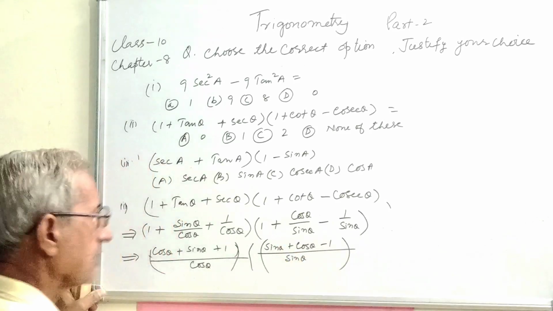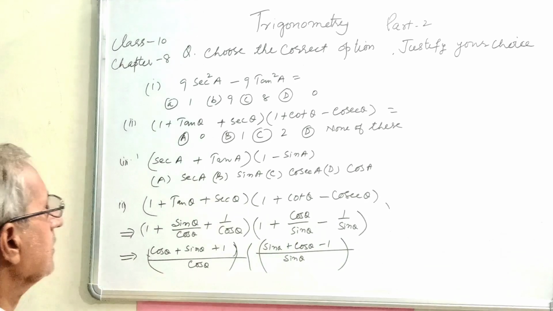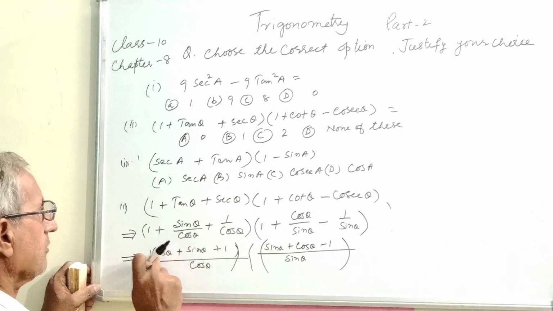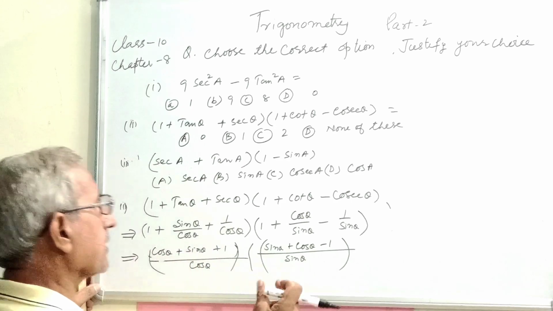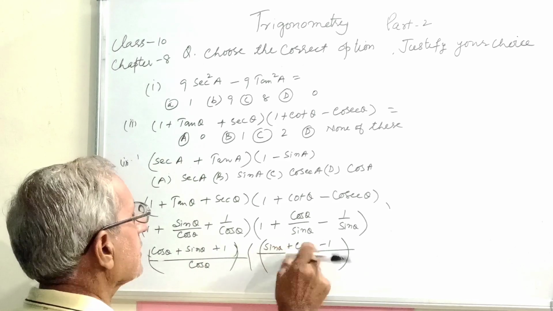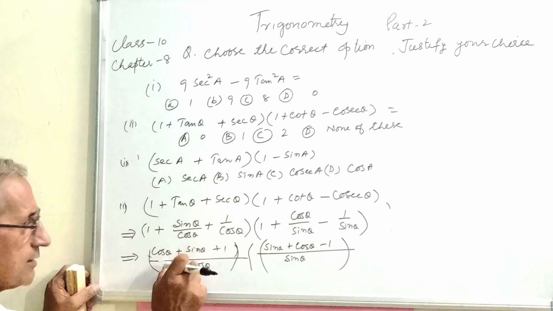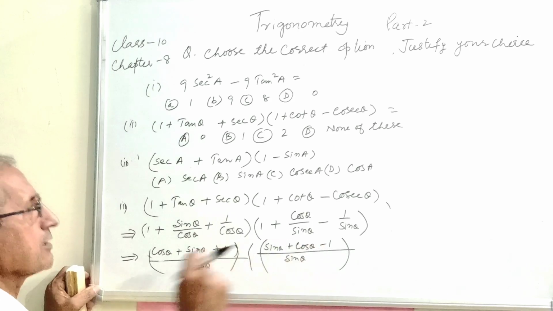So this is the second bracket. Just see, here is written sin theta plus cos theta. Cos theta plus sin theta or sin theta plus cos theta, one and the same thing. So these two terms are the same, but the difference is plus 1 and minus 1.